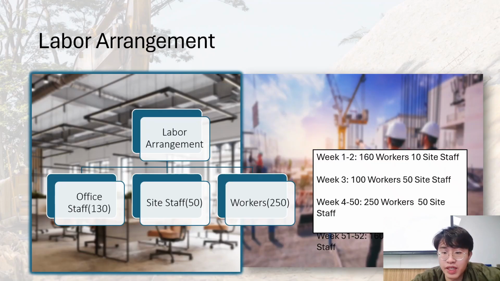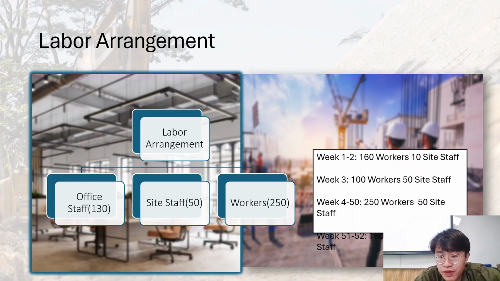For the labor arrangement, there are four separate labor stages. For the first 2 weeks, there will be 160 workers and 10 site staff undergoing the site formation, including constructing the boundaries and the site offices. For week 3, the site will bring in some machinery for soil nailing, and a temporary platform will be formed.